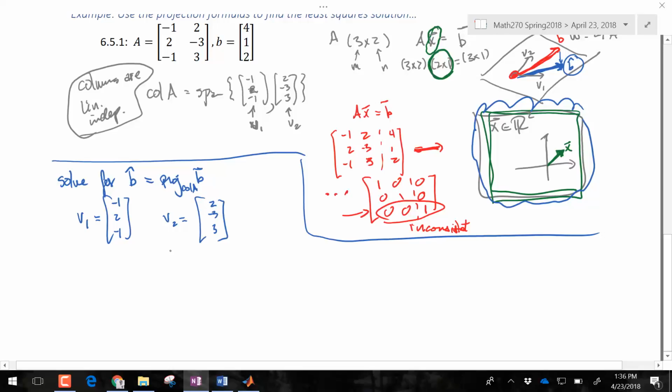I want to orthogonalize this using the Gram-Schmidt process. That's why I don't want to use V1 and V2, so let's call it V1 prime. It's not a derivative, it's just another letter.